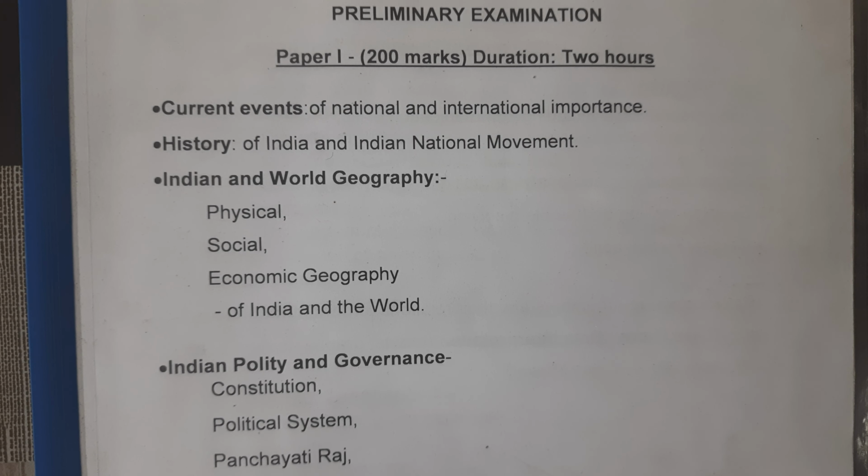The candidates who are selected from the preliminary examination will be able to attend the next level of the examination, called the mains exam. The mains, as the name suggests, is the main exam. The mains consist of two qualifying papers.